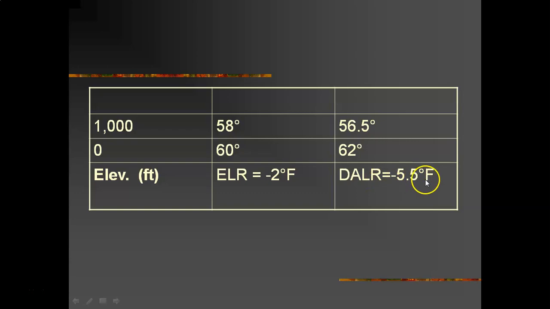The standard temperature decline, according to the adiabatic process, we've got to subtract 5.5 degrees from our heated bubble of air. Now, that's a larger rate of decline. And so already at 1,000 feet, our once heated bubble of air is no longer warmer than the surrounding environment. It's cooler. And what does cool air do? Does it rise? No, it sinks.